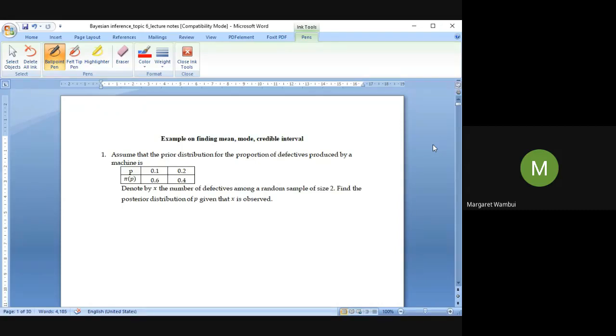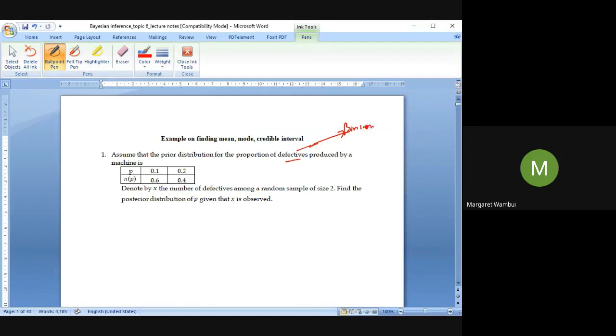So I want to do a recap using a scenario where you have the binomial data, because when I have a question like assume that the prior distribution for the proportion of defectives, as long as it is proportion of defectives, meaning there are only two possible outcomes, you either have a defective item or a non-defective item, so it means this will be binomial.